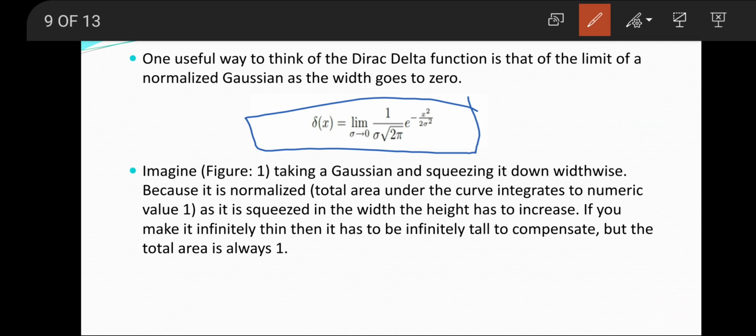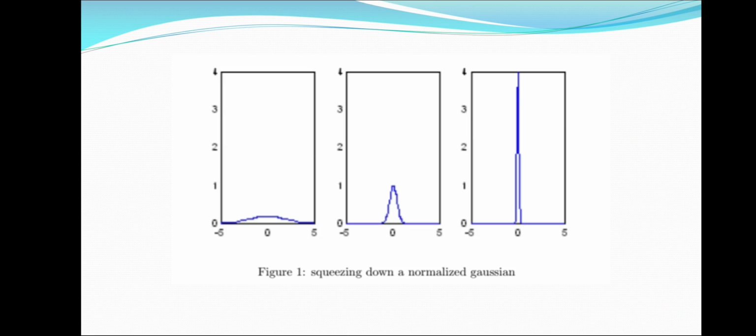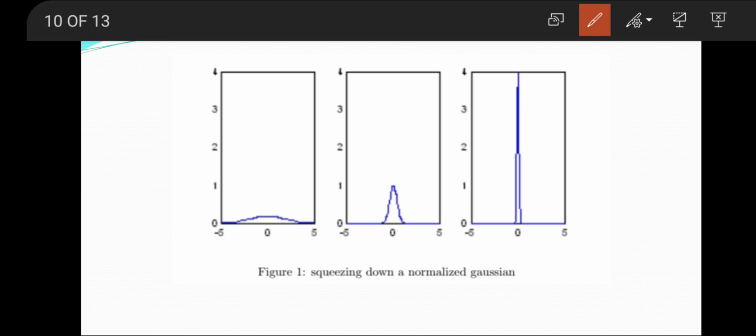As it is squeezed in width, the height has to increase. If you make it infinitely thin, then it has to be infinitely tall to compensate, but the total area is always 1. When we observe this figure, if the curve crosses this value, then its value is 1. Below this, its value is 0, which means at minus 5 and plus 5 it is 0.